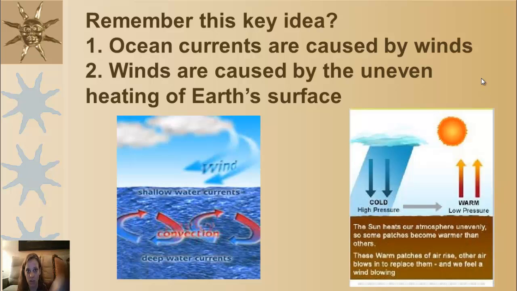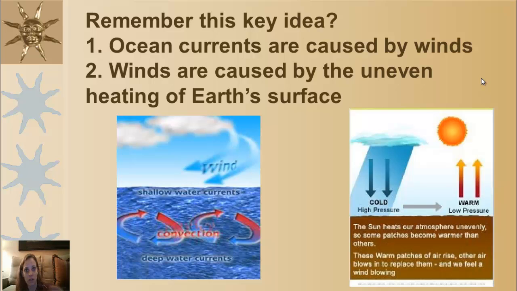As the air is warmed, it becomes less dense, so it rises. As it rises higher into the troposphere, it cools, because the higher the elevation in the troposphere, the lower the temperature. As it cools, it becomes heavier and sinks again, and it creates this convection cycle.